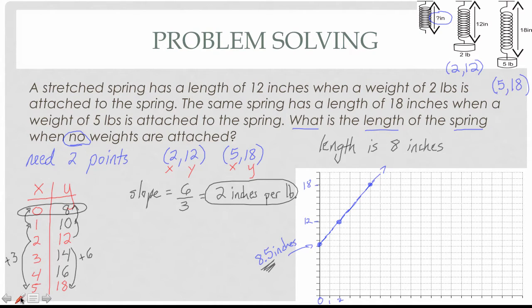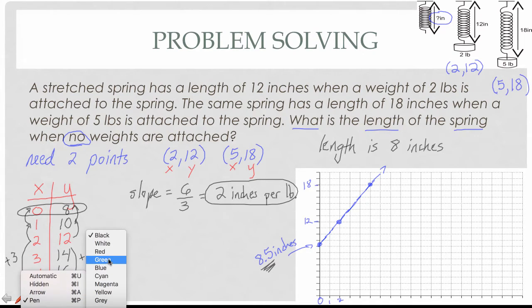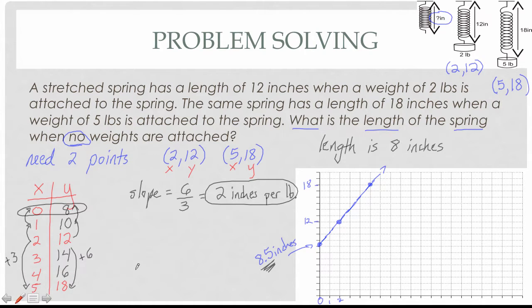And then finally, if I want to put this all together in a nice linear equation, I've got my slope, 2 inches per pound, that's how much it increases, and I've got my y-intercept. So the equation for this line would be the spring is stretched, that's my y value, 2 inches per pound times however many pounds I add, but that spring starts off being 8 inches long.